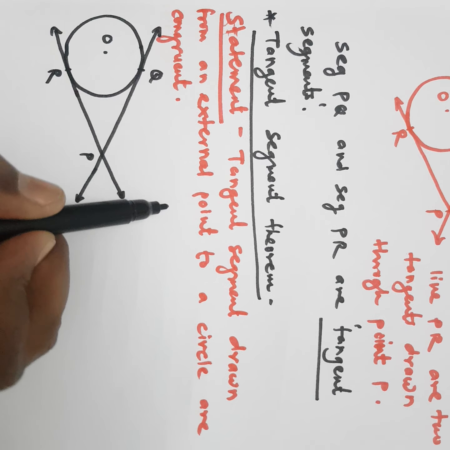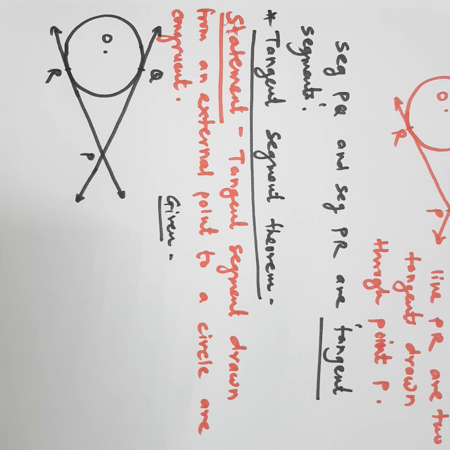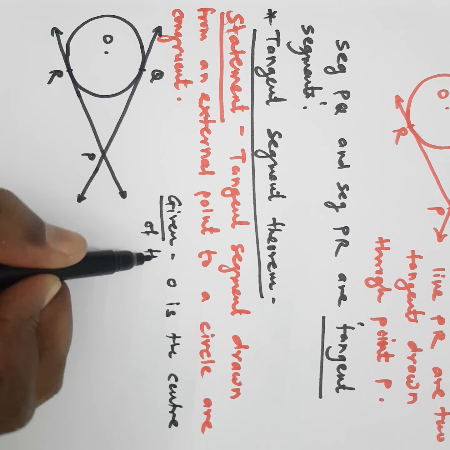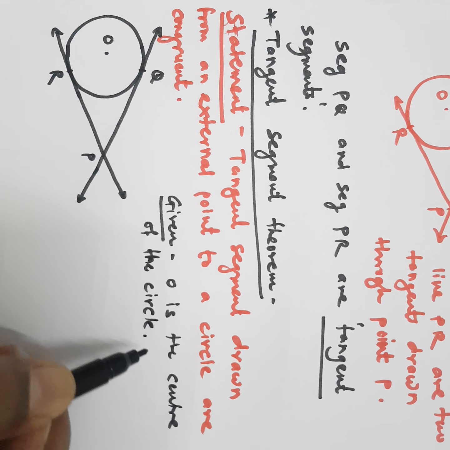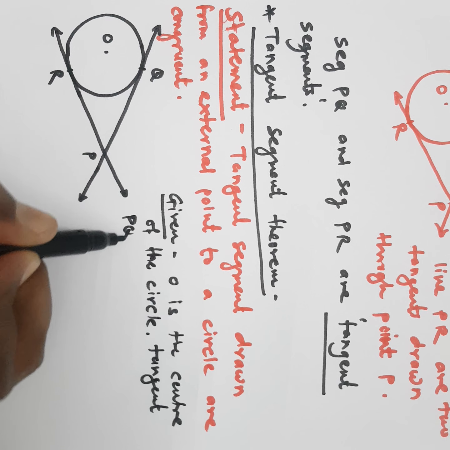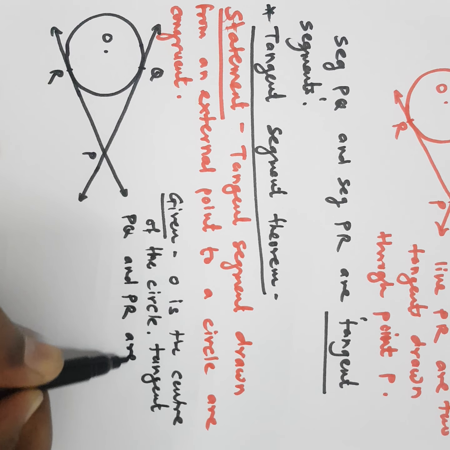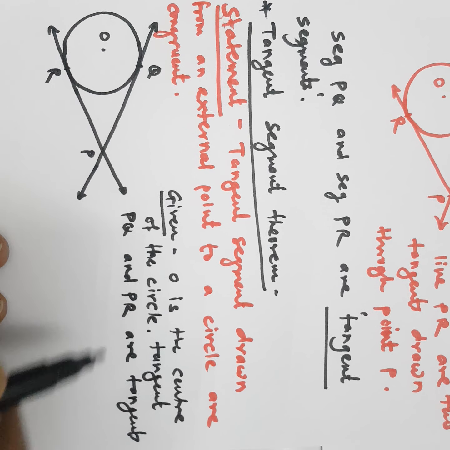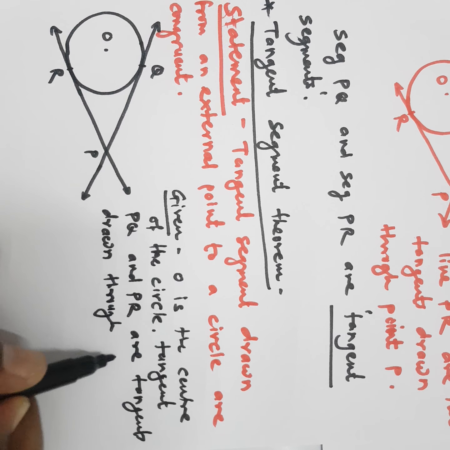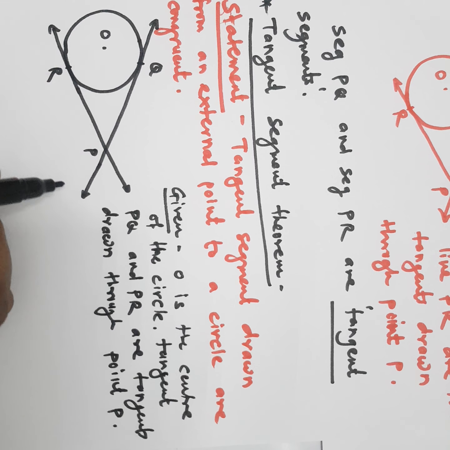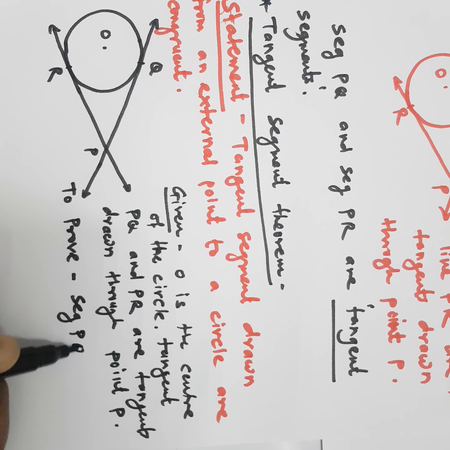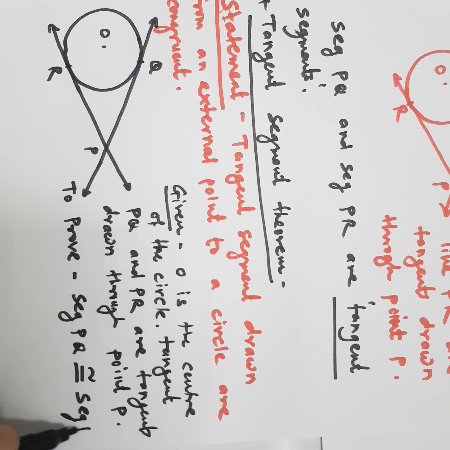First we will write the given: O is the center of the circle, and tangents PQ and PR are tangents drawn through point P. Then what is to prove here? Segment PQ is congruent to segment PR.